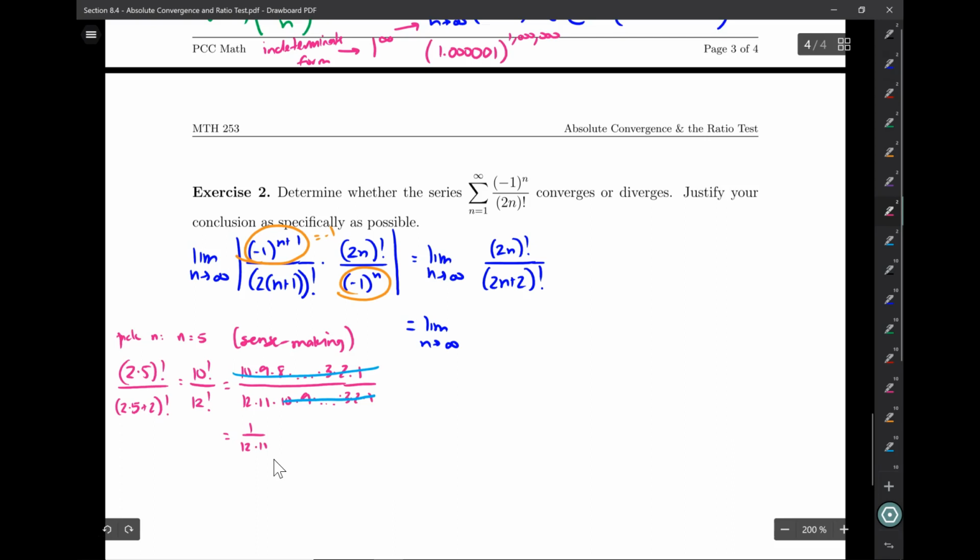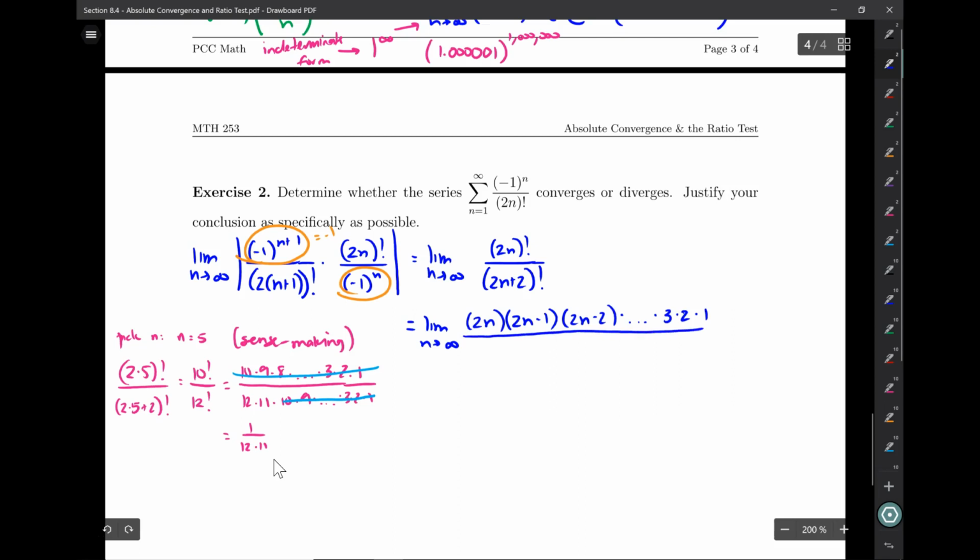Okay, so now that we feel pretty confident about what this 2n factorial is telling us, we can write this out as 2n times the previous thing, which would be 2n minus 1, times the previous thing, which would be 2n minus 2, times dot dot dot up until 3 times 2 times 1.